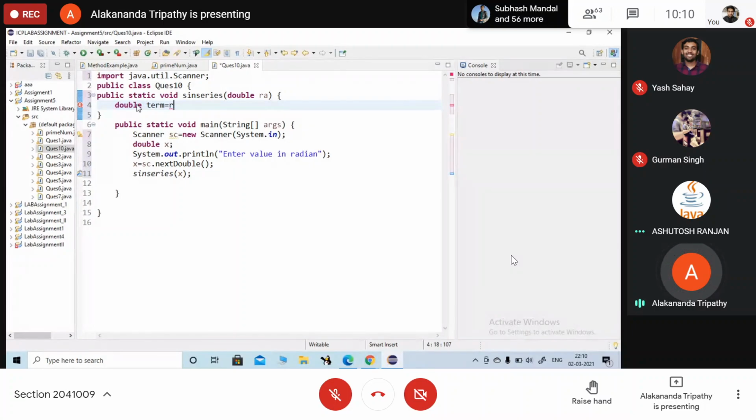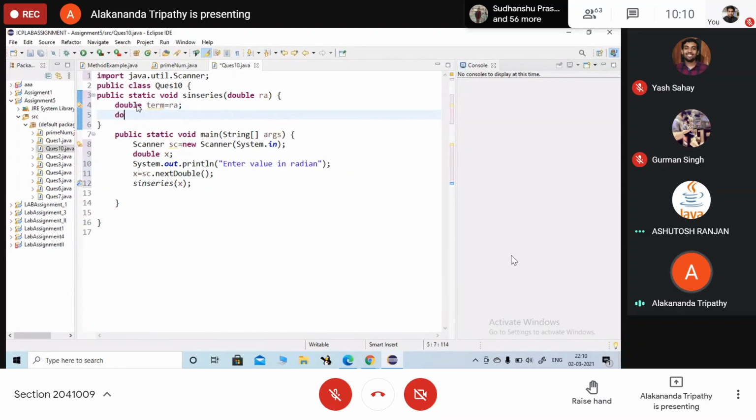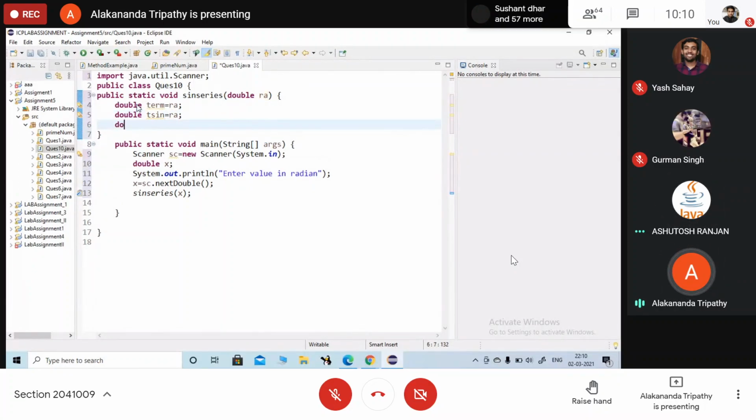What will be the initial value? यहाँ पर मैं RA ली हूँ, so the term will be RA. Another value is double T sine. इसको initialize कितना करेंगे? The same RA, because the value of x is RA.